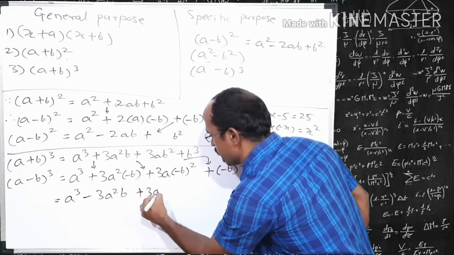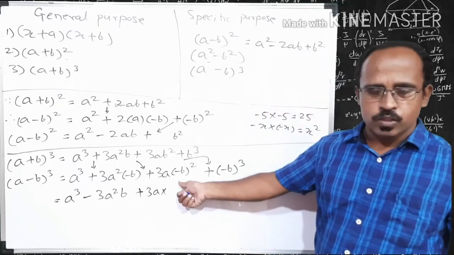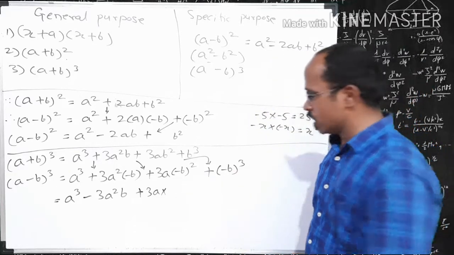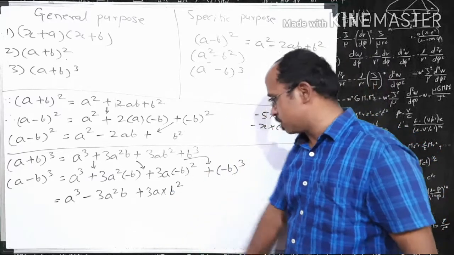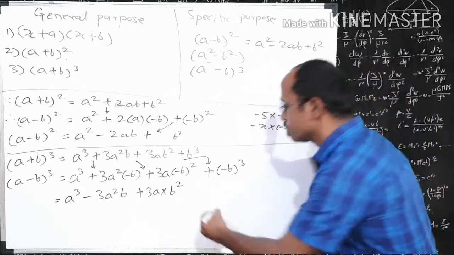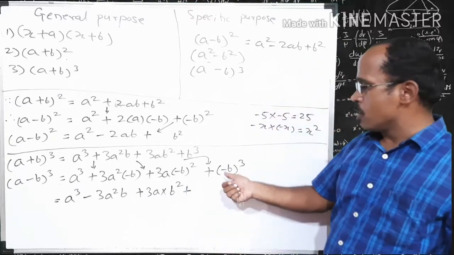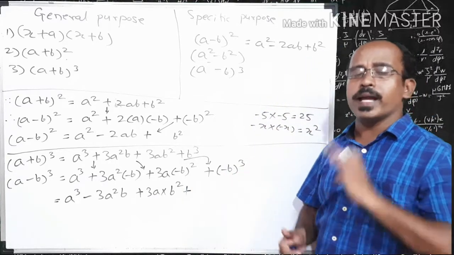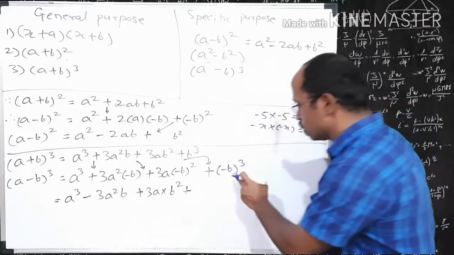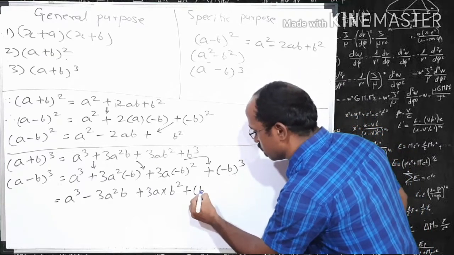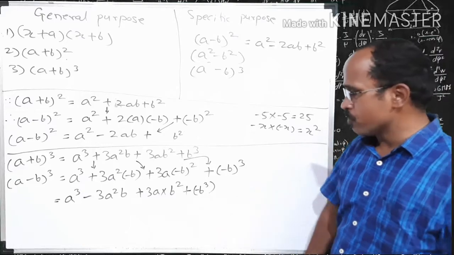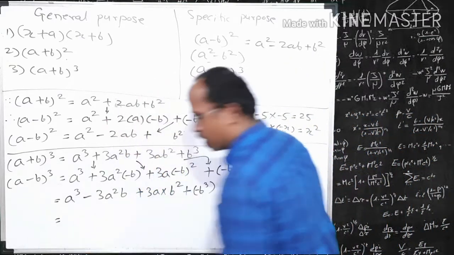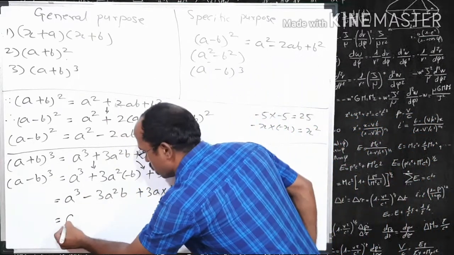Plus 3a into the square of minus b, which is plus b square, so plus 3a into plus b square, plus minus b cube. Cube of any negative number is negative, so the answer of this minus b cube is nothing but minus b cube. Clear?